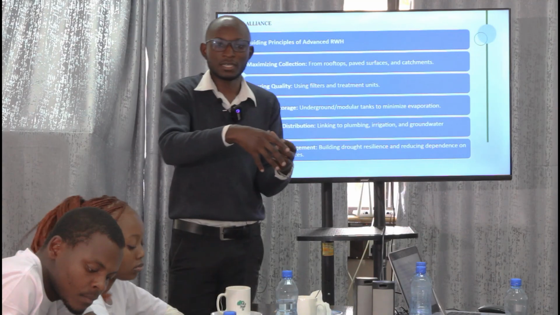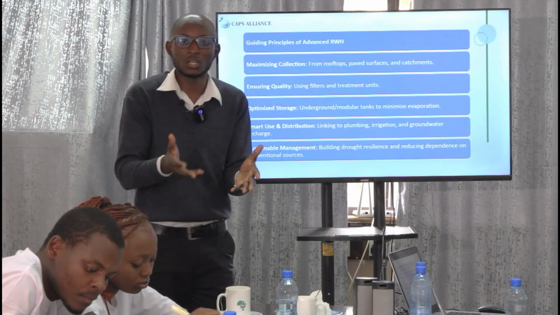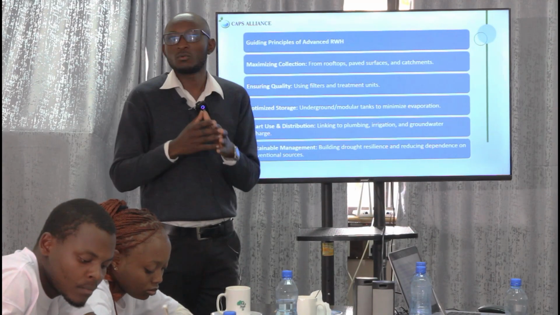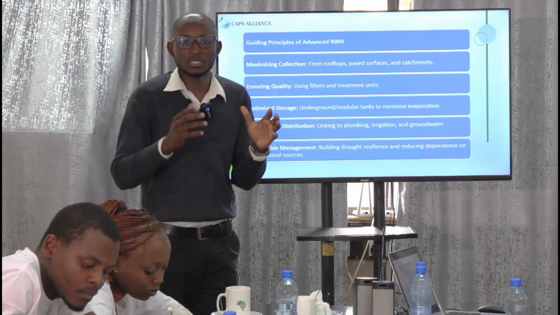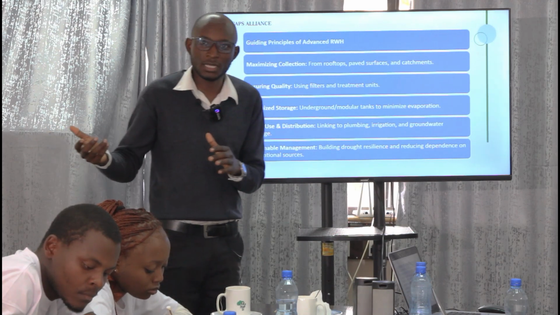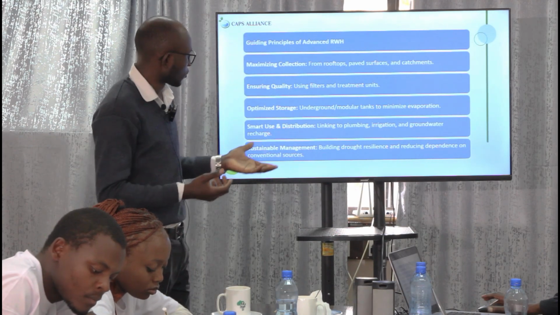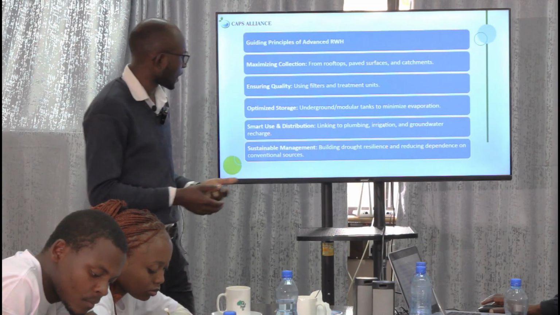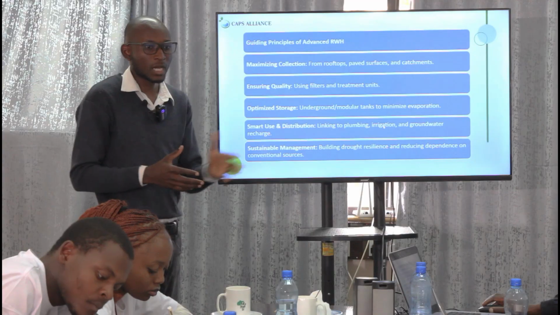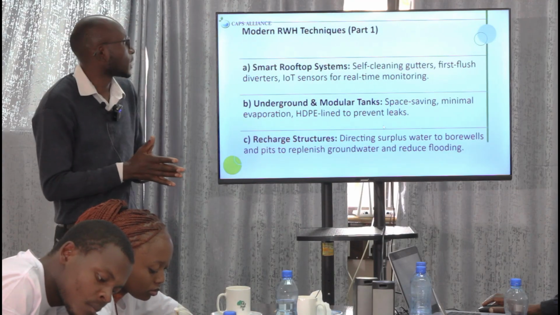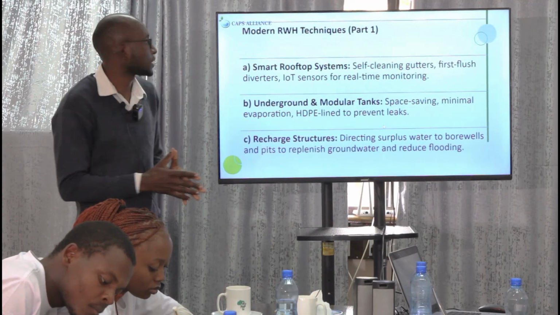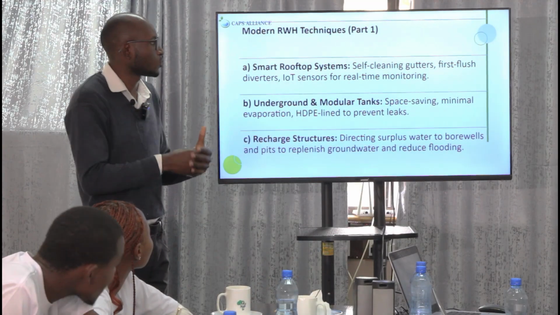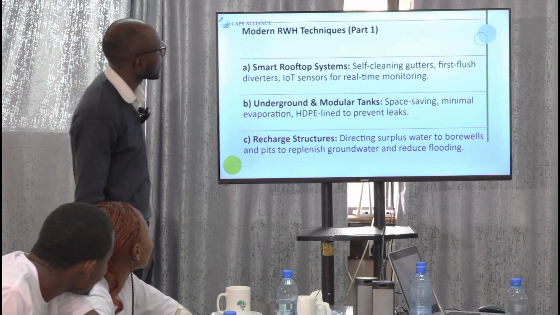Besides just filtering physically with the normal filters, can we do away with some bacteria and microorganisms, depending on the use of the water? And then we also want to enhance storage, then smart use and distribution, as Mr. Njema had mentioned, having proper use that is targeted on what has to be used.